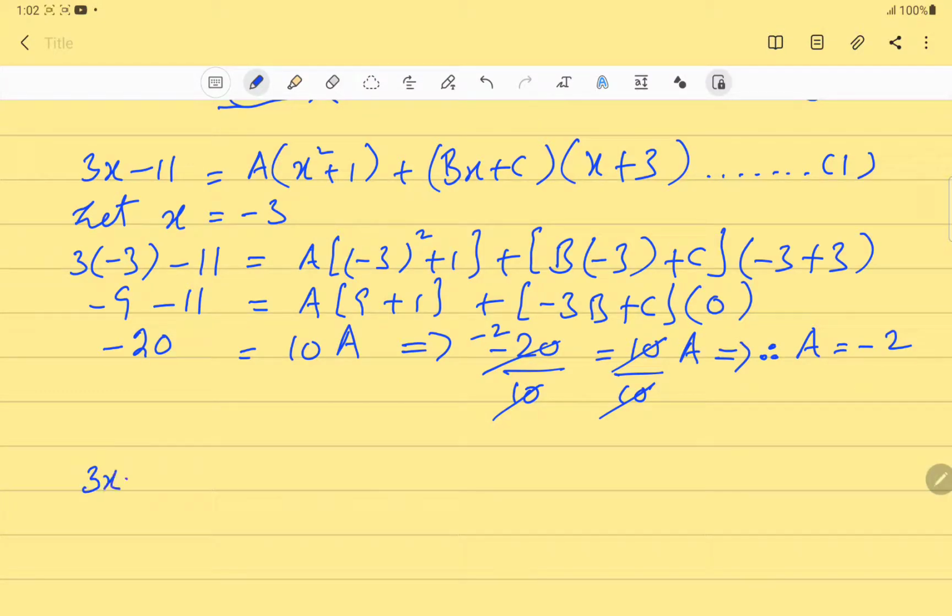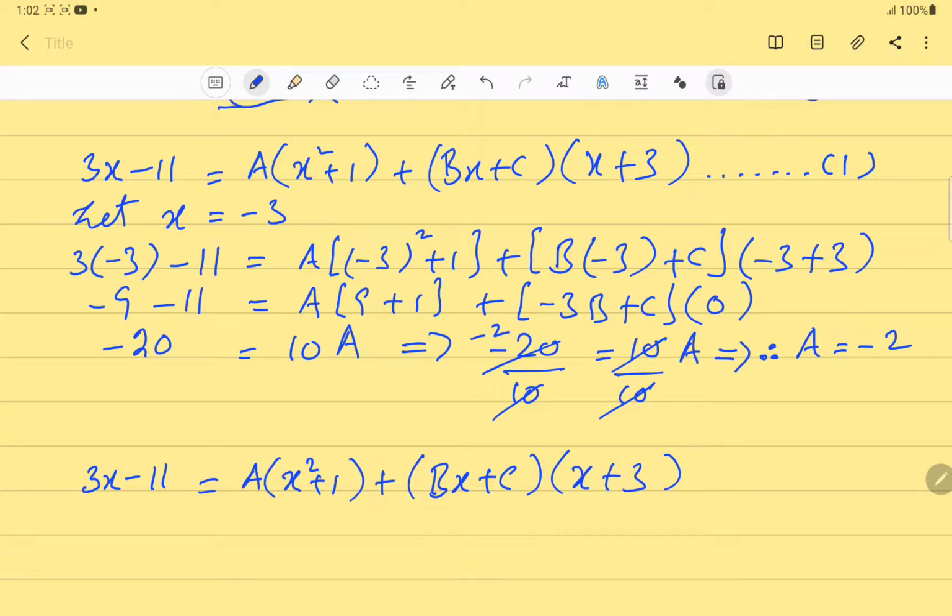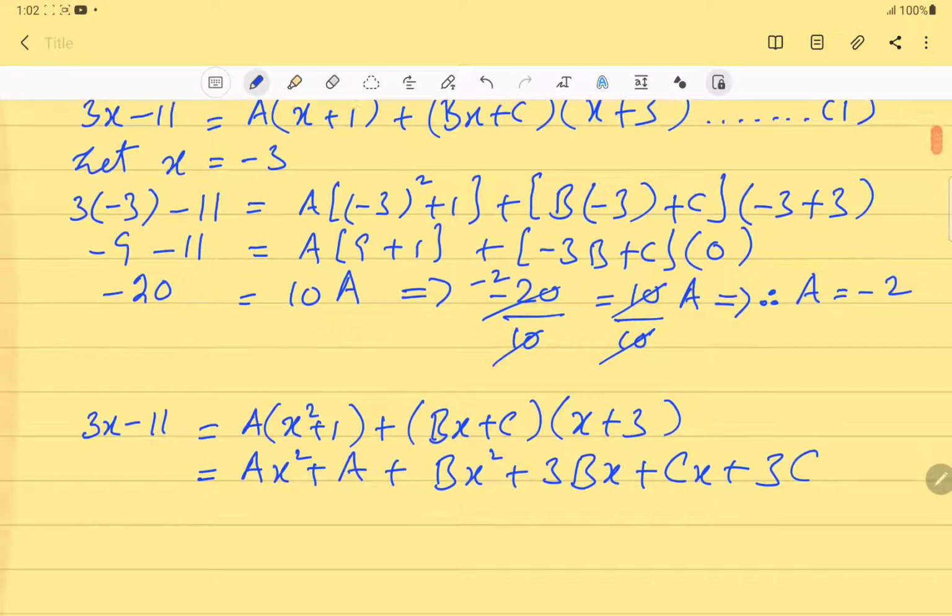Our equation is 3x - 11 is equal to a(x^2 + 1) + (bx + c)(x + 3). A into x squared is ax^2, plus a, plus bx^2 plus 3bx plus cx plus 3c.